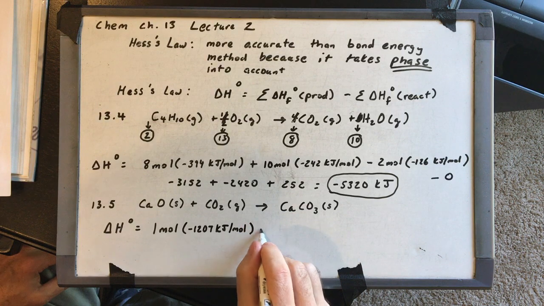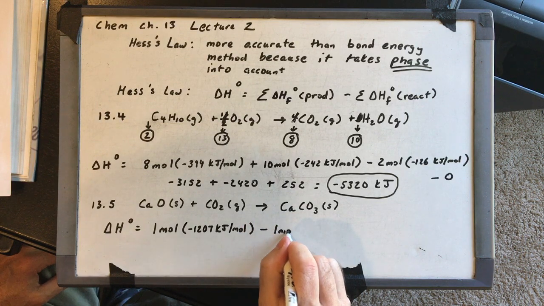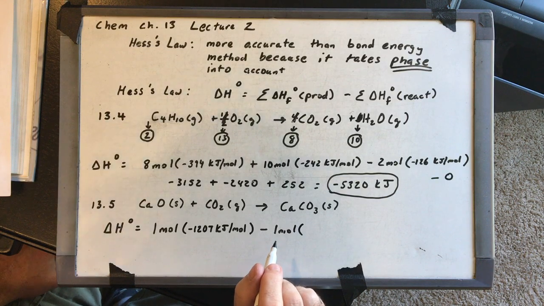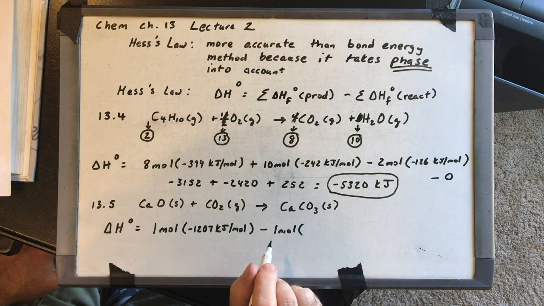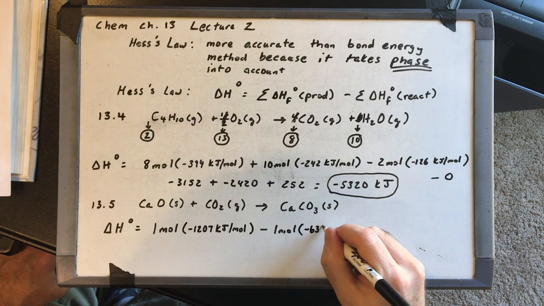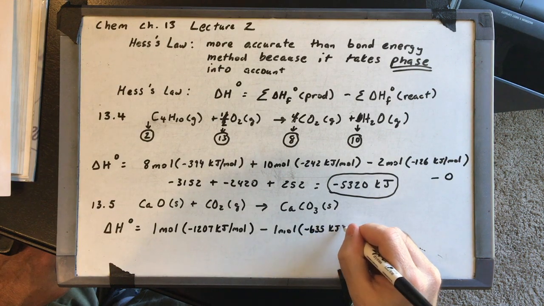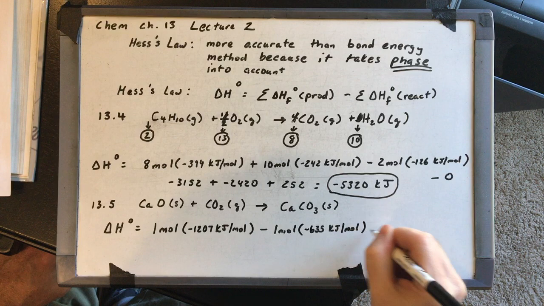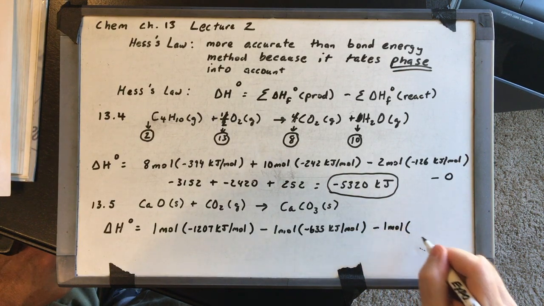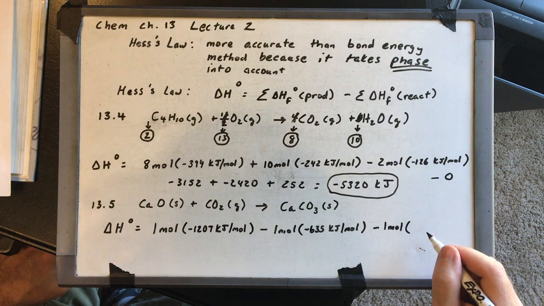Now we're going to subtract out the 2 reactants. Minus 1 mole CaO solid. That's at the bottom of the second column of numbers. All right, and that is negative 635. And then subtract out 1 mole of CO2 gas.